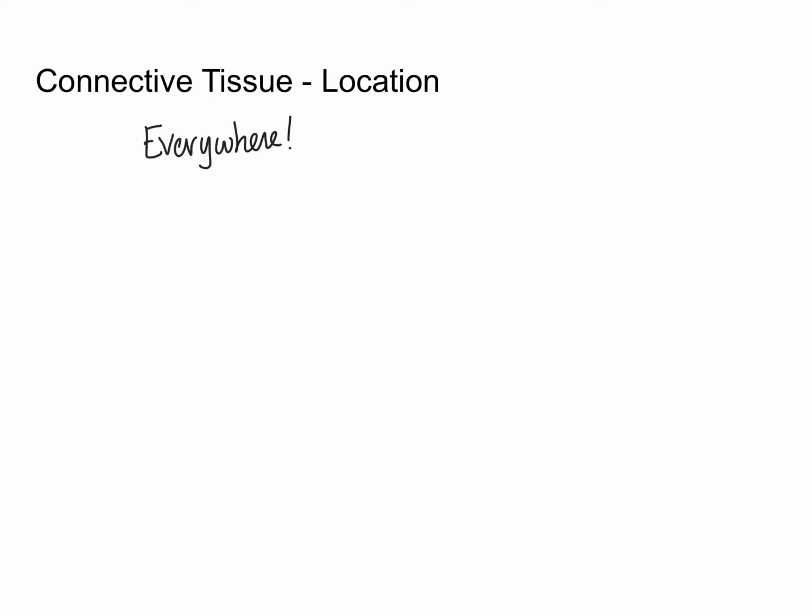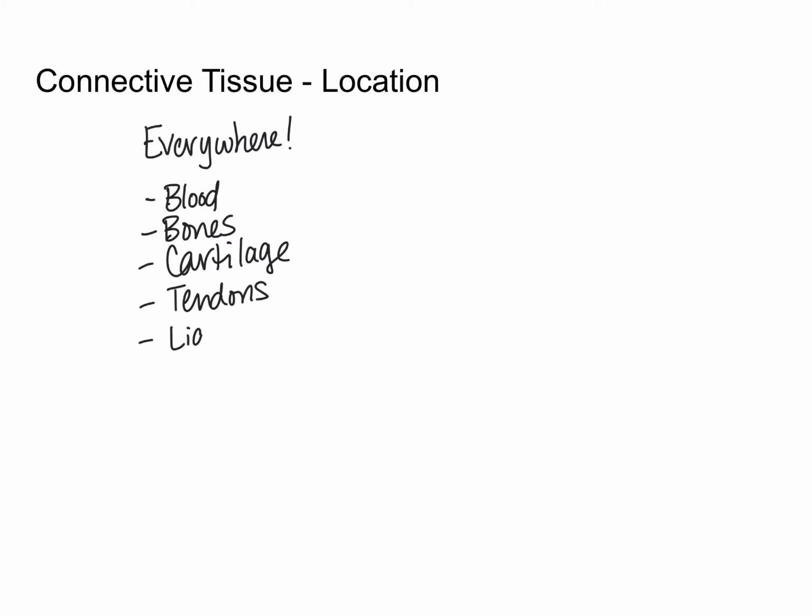But some more specific examples of where you're going to find connective tissue is, once again, your blood, your bones, cartilage, tendons, ligaments, fat, and like I said, pretty much everywhere. So you're going to find it in between other tissues. You're going to find it packaged around organs as well.